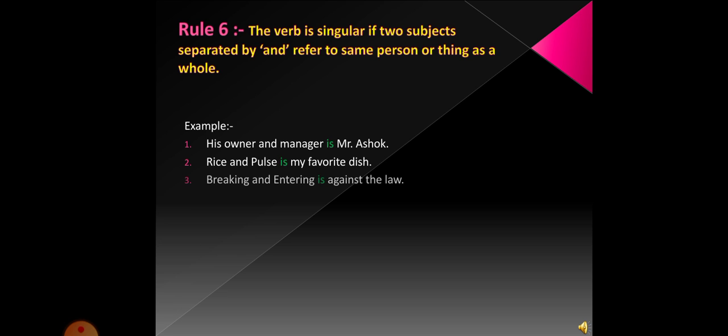Okay, breaking and entering is against the law. At some places at the door you can see that breaking and entering is against the law. You can see it on the door of the Electricity Commission.